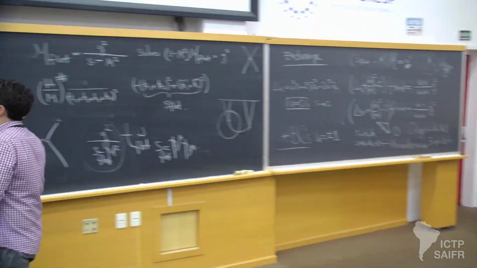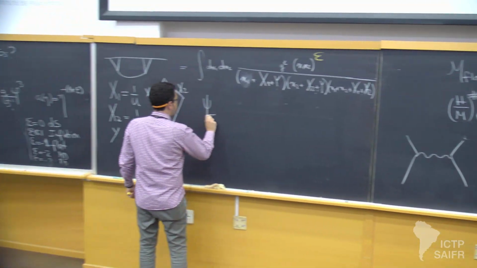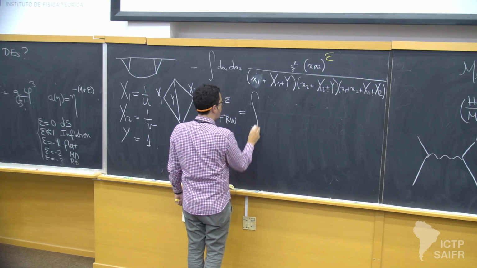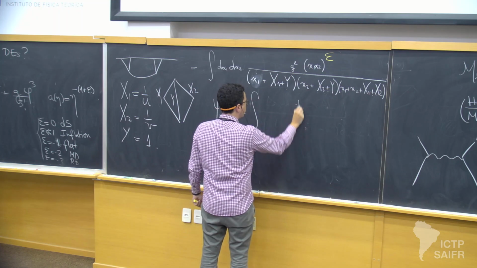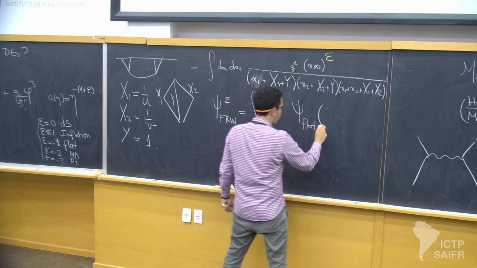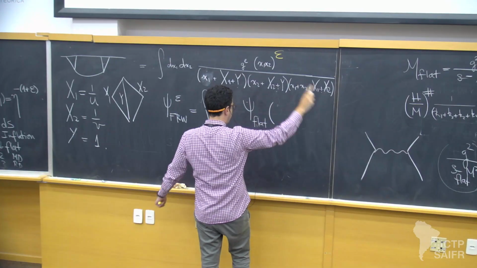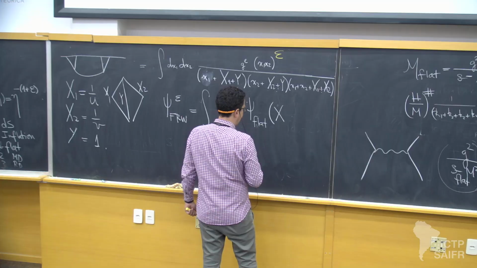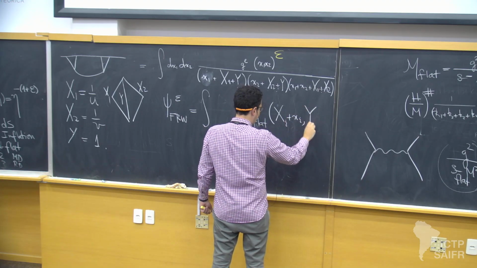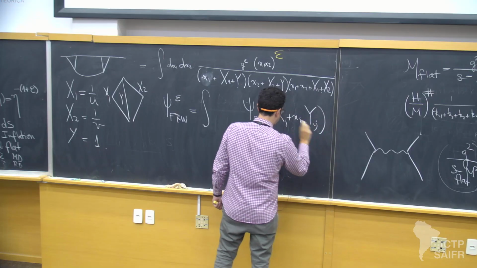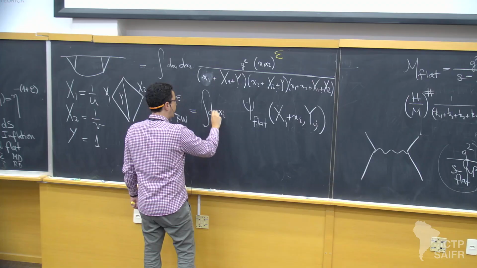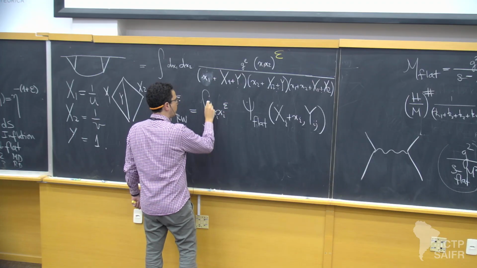And the claim is that the FRW wave function, which depends on epsilon, is going to be the integral of the following. You take the wave function in flat space, this story of the perimeters, and you promote all the outer perimeters to big X's, X_i plus little x_i, and you keep the diagonals Y_ij untouched, and you integrate that again against dx_i, x_i to the epsilon.